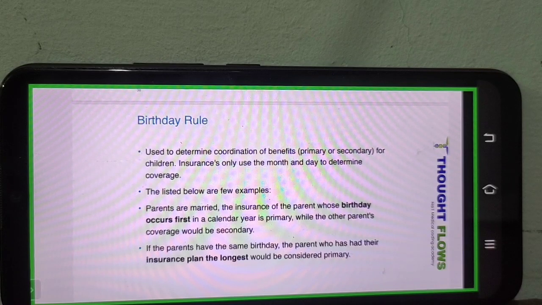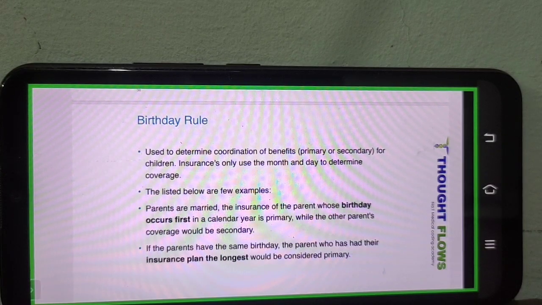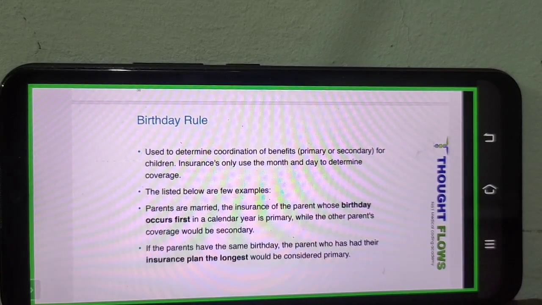After that only they deduct from the mother, to find out whose coverage is primary for the dependent.